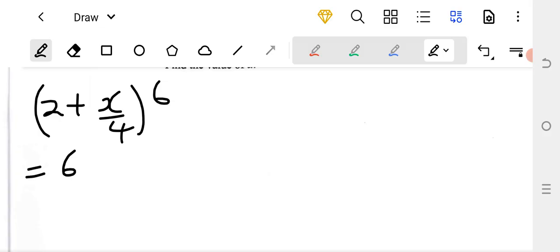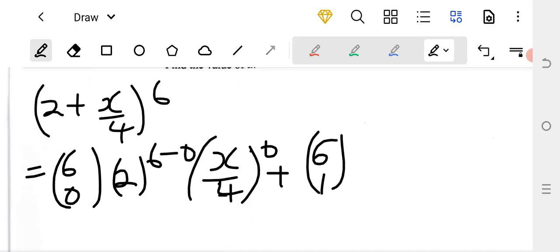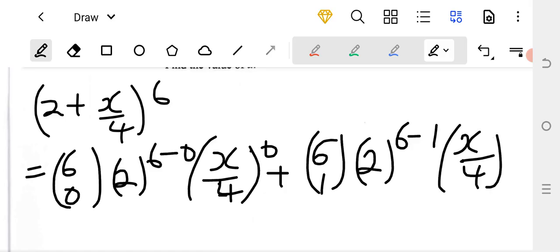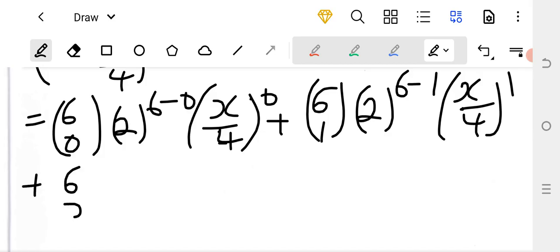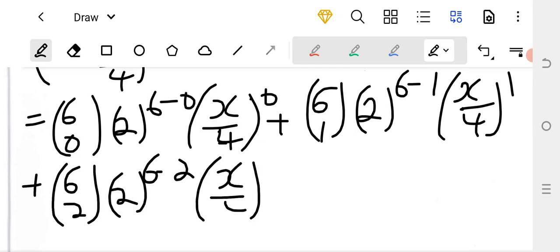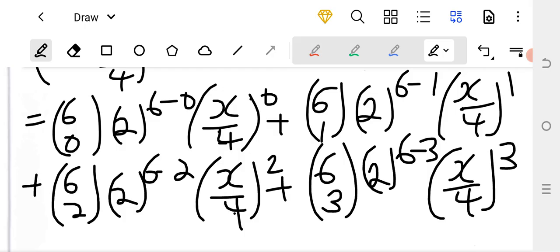So this will be 6 combination 0 multiplied by 2 to the power 6 minus 0, x over 4 to the power 0, plus 6 combination 1 multiplied by 2 to the power 6 minus 1 multiplied by x over 4 to the power 1, plus 6 combination 2 multiplied by 2 to the power 6 minus 2 multiplied by x over 4 to the power 2, plus 6 combination 3 multiplied by 2 to the power 6 minus 3 multiplied by x over 4 to the power 3.